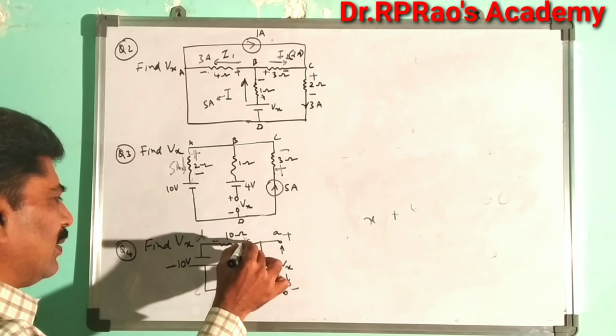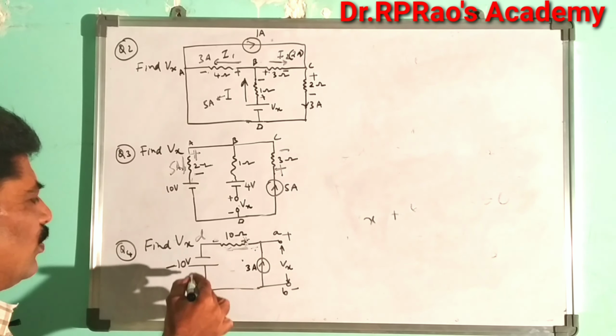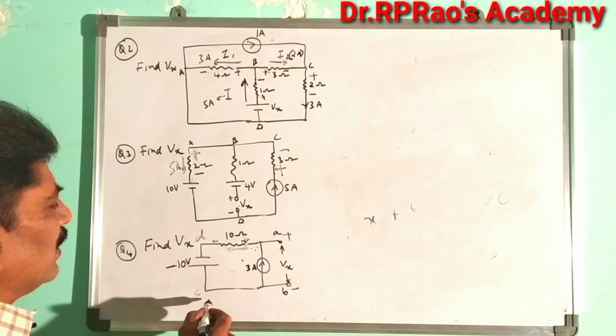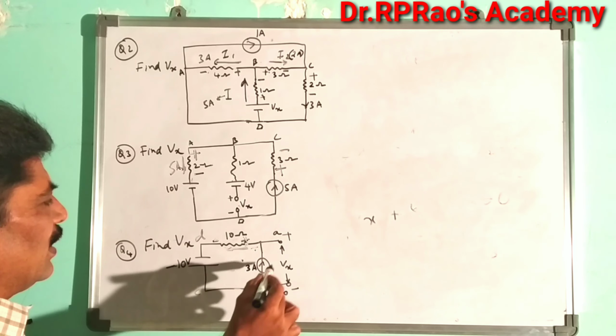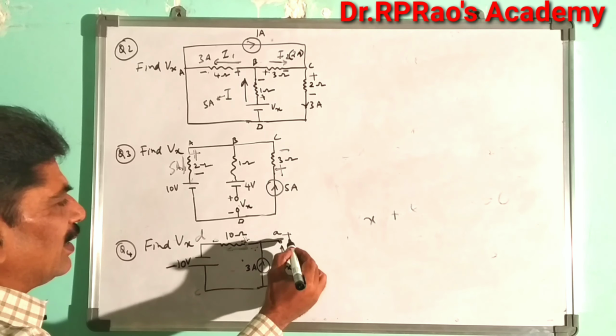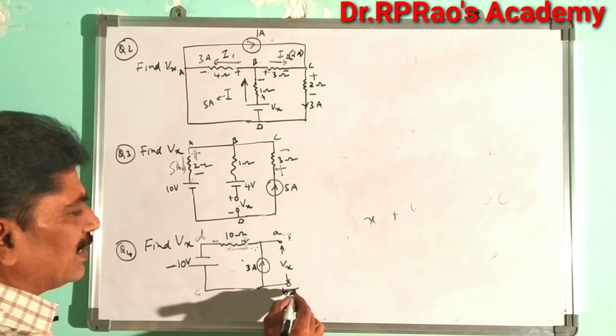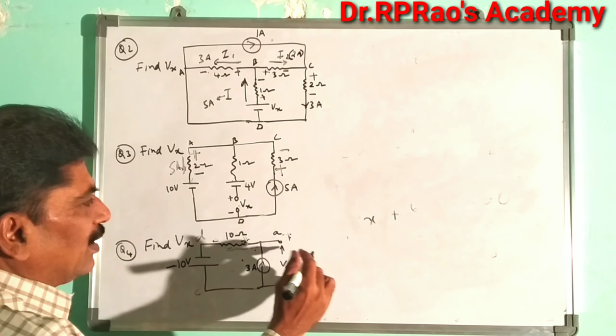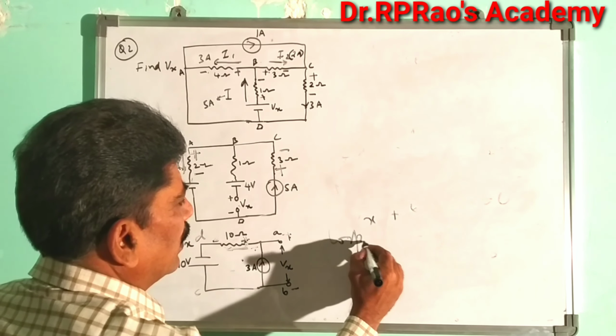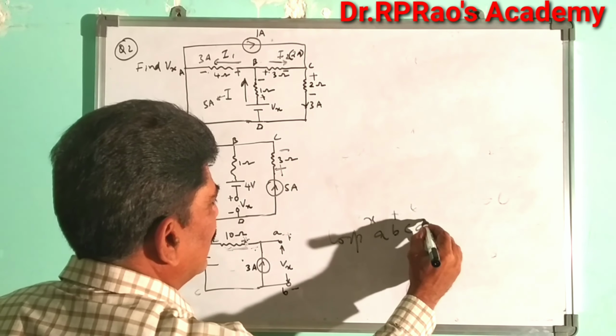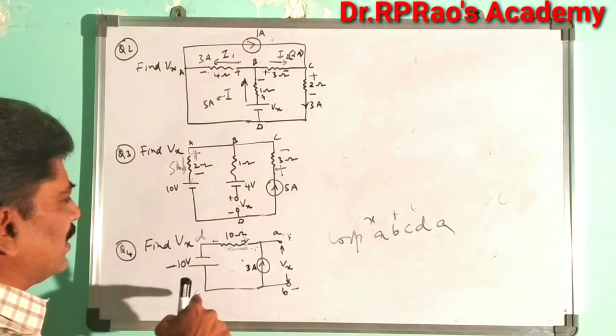Now consider this loop A, B, C, D, A. Already given this is positive and this is negative.